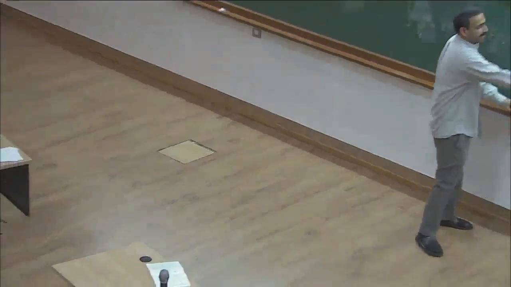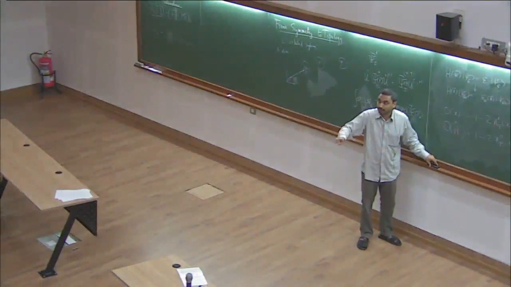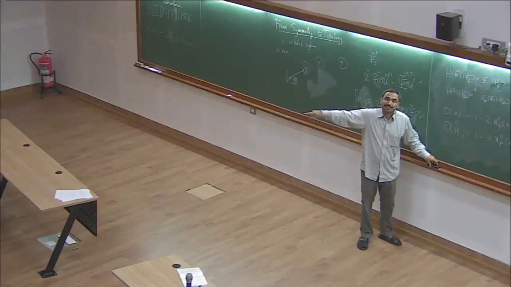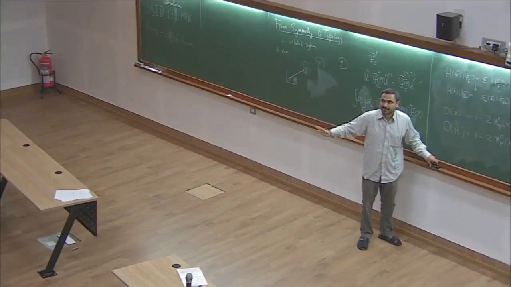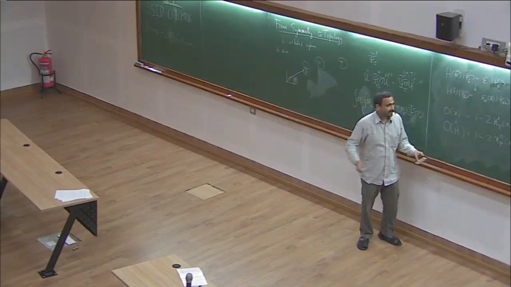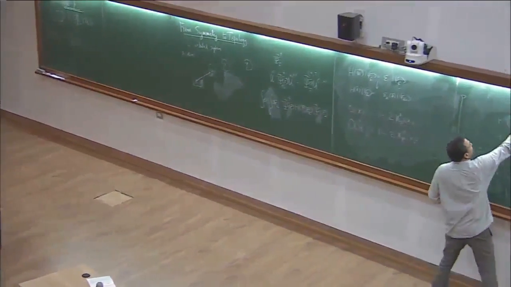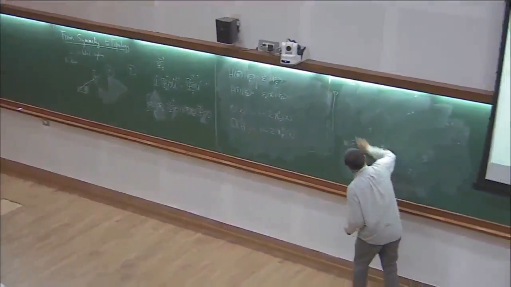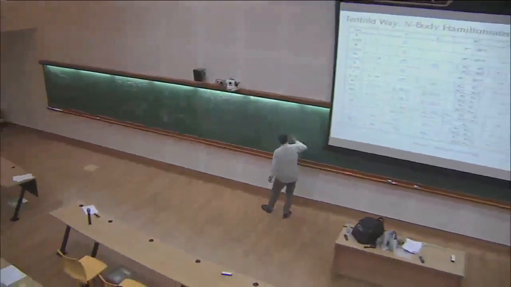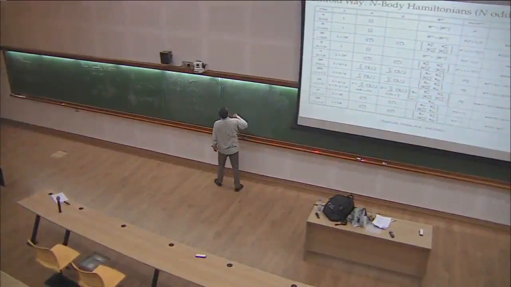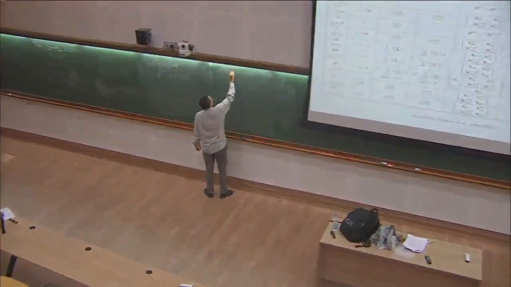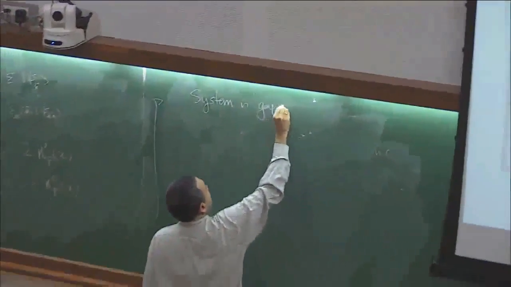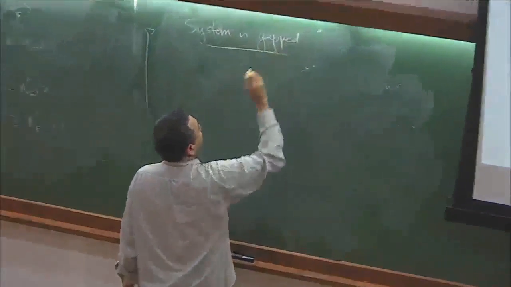Why do I do that? Because I am going to make the following assumption, that this thing will turn out to be plus 1 or minus 1 for sure. What that means is I have no level crossing zero, which means I have a gapped system. So the main thing here is the gap assumption: the system is gapped.